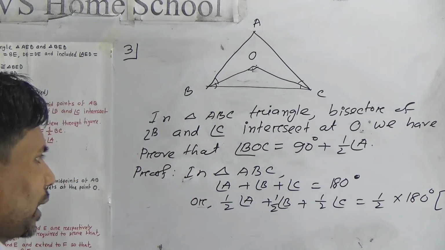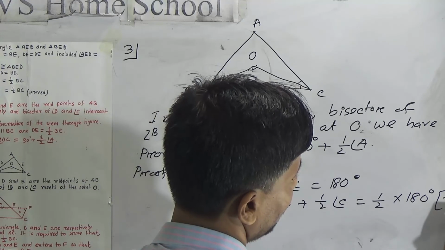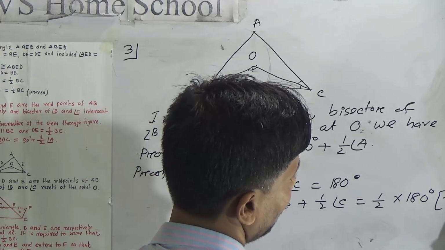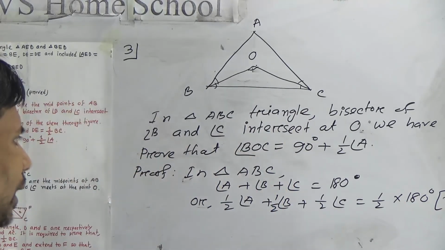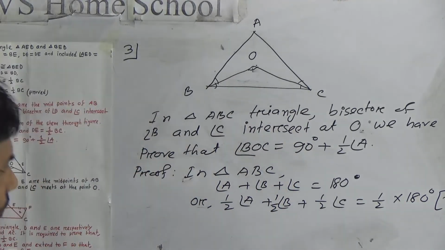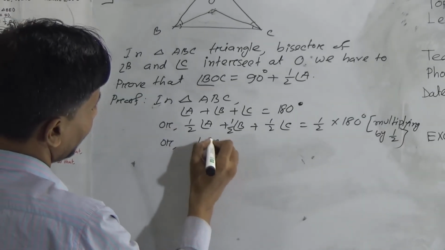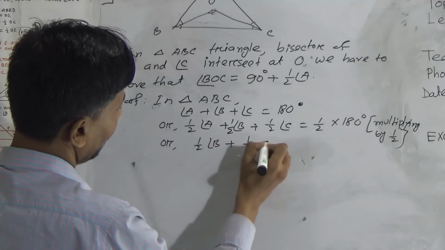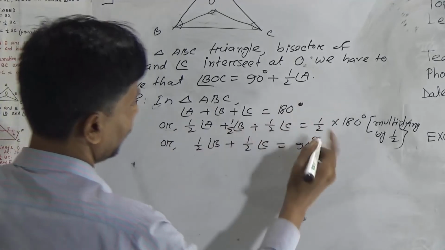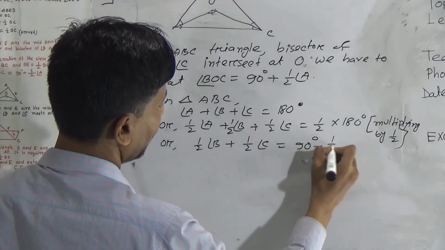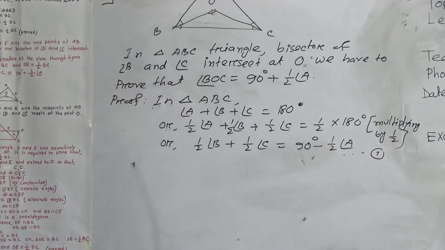Multiplying by half, half angle A plus half angle B plus half angle C equal to what? 90 degree. Then on the right side, this will be half of angle A. Okay, student, this is equation 1.